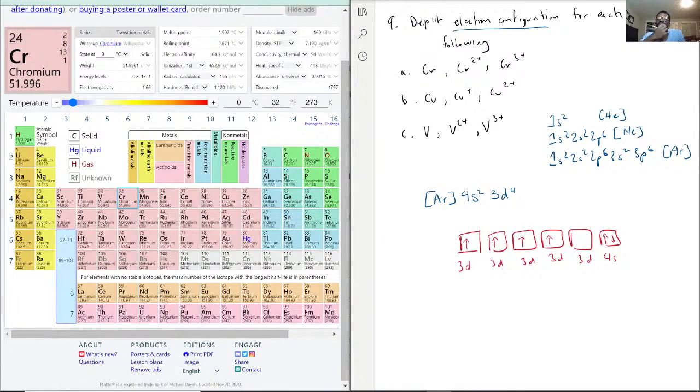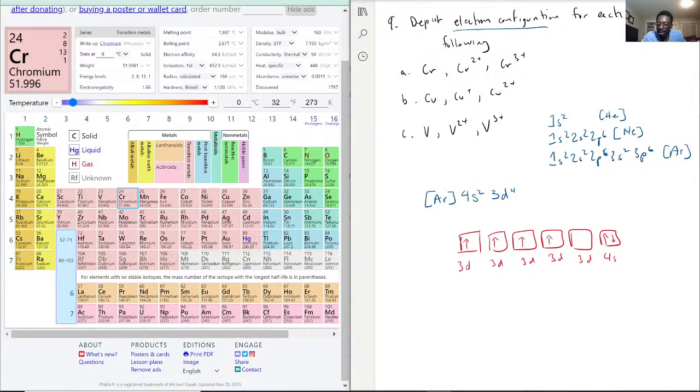The change from the d to the p or the s shells has quite a bit of energy difference. So for a more stable element, I'd prefer to have its d subshell at least filled with 1 more electron than just conveniently having the 4s2.